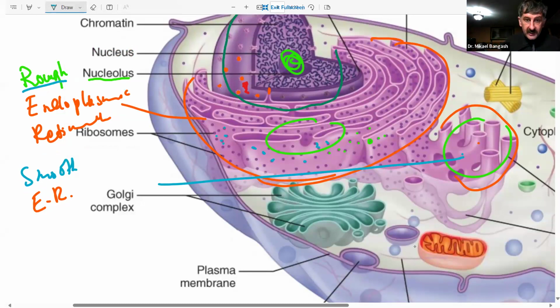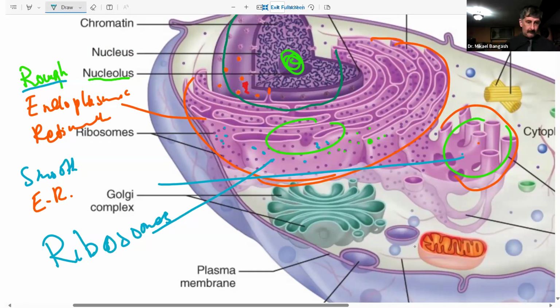And what is it that we call these small bumps here? They are going to be called ribosomes. Did you guys get that?